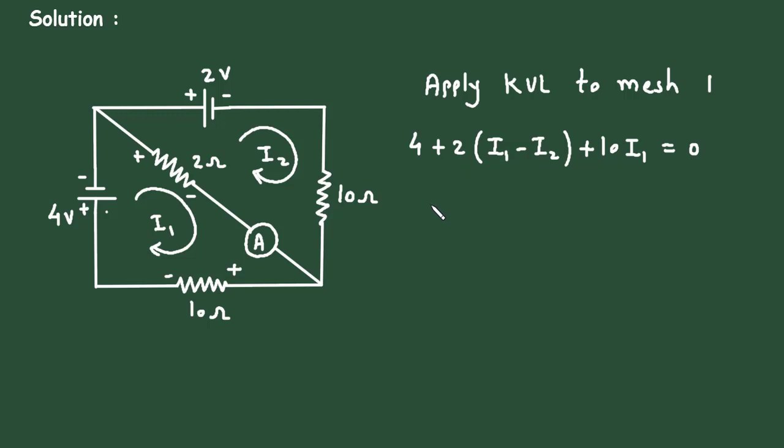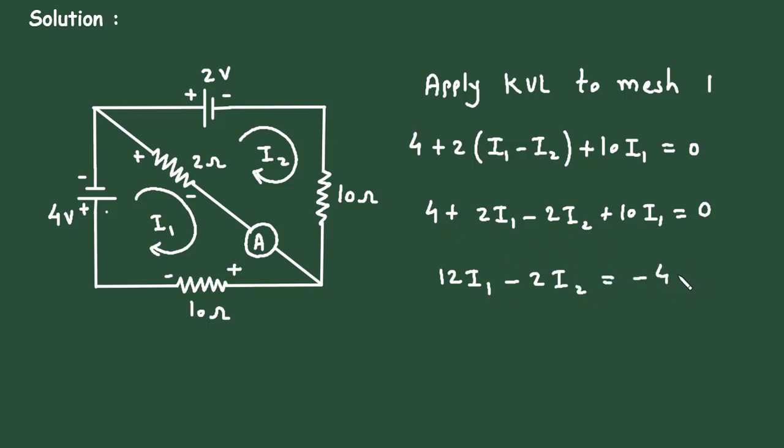It will be 4 plus 2 I1 minus 2 I2, then plus 10 I1 is equal to 0. So this will be 2 plus 10, 12 I1, then minus 2 I2 is equal to minus 4. Let's say this is equation number 1.